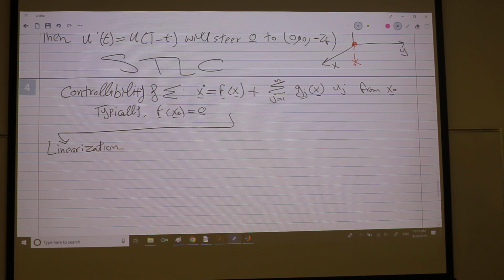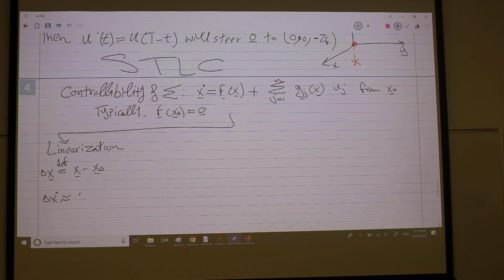What do you mean by linearization? Introduce a small perturbation delta x. So by definition, here is a definition, it is just x minus your equilibrium. And we assume that delta x is small, so we retain only the linear dynamics.